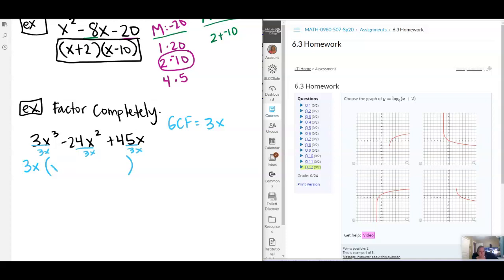All right, so then I get x squared, I get negative 8x, and then 15. Okay, but now this can go further. So we're going to do the same thing that we did on this one above, right? So I'm going to ask myself, okay, what multiplies to be 15 that adds to be negative 8?